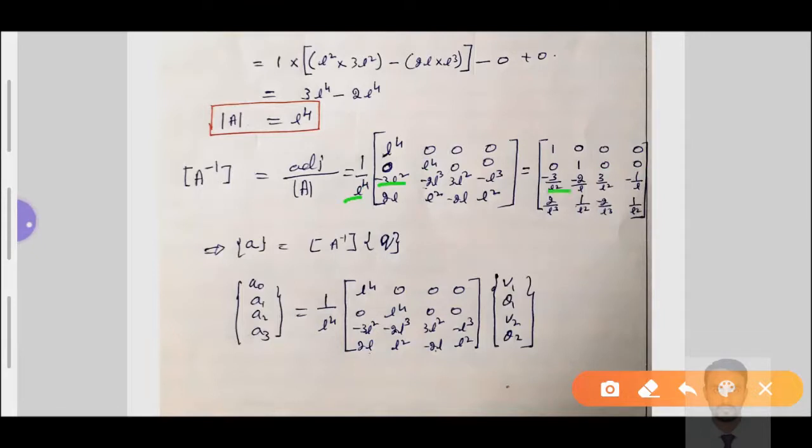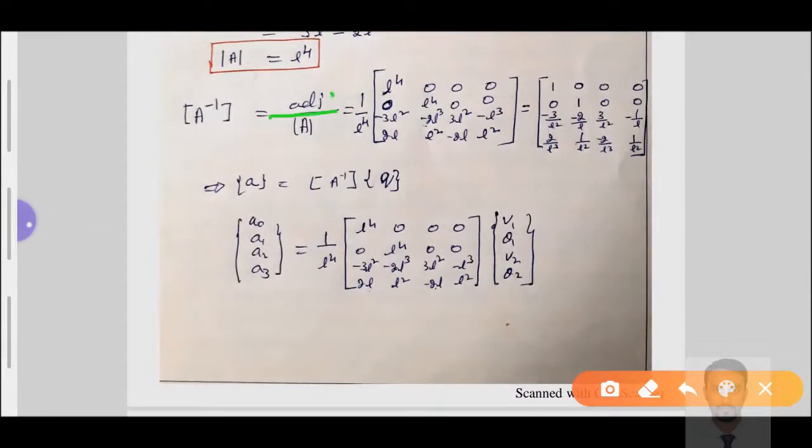Minus 3L square becomes minus 3 by L square, minus 2L cube becomes minus 2 by L, plus 3L square becomes 3 by L square when we divide by L power 4, minus L cube becomes minus 1 by L, 2L becomes 2 by L cube, L square becomes 1 by L square, minus 2L becomes minus 2 by L cube, L square becomes 1 by L square.